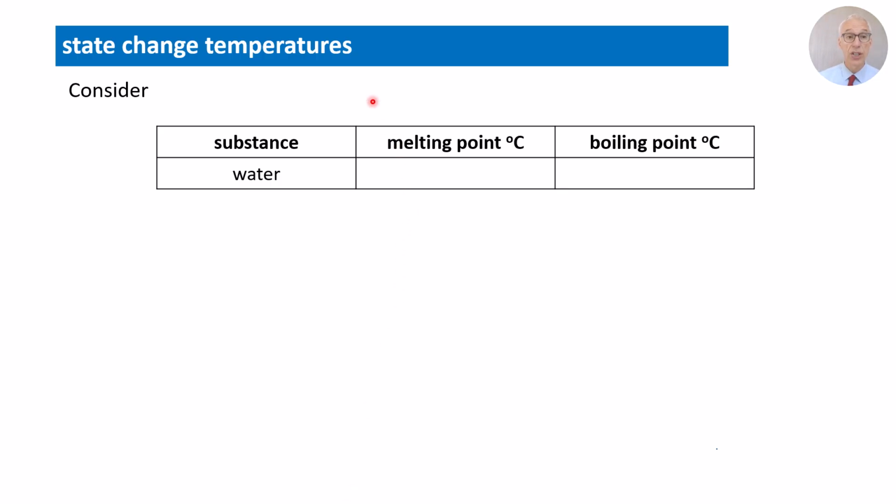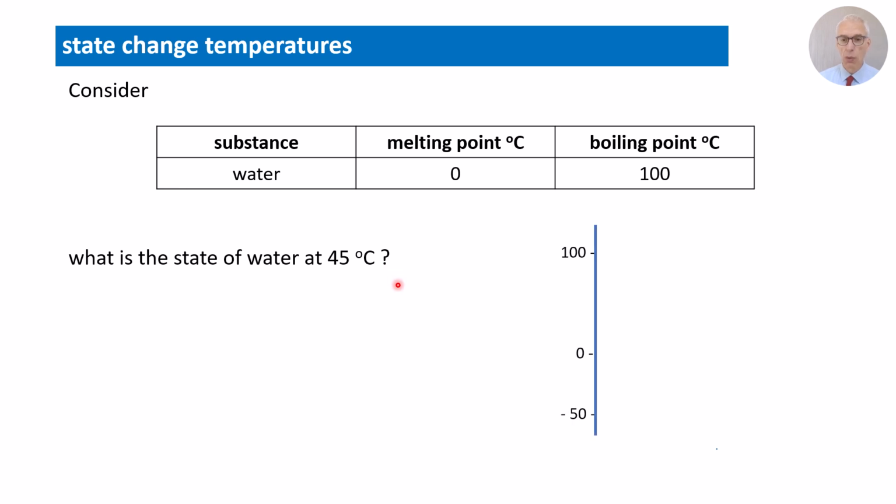Another type of question concerns the state of a particular substance at a particular temperature, and that of course depends on its melting and boiling point. So for water, you are expected to recall the melting point as 0 and 100 for the boiling point. But to answer a question such as, what is the state of water at 45 degrees Celsius? Well, then I would advise drawing a number line.